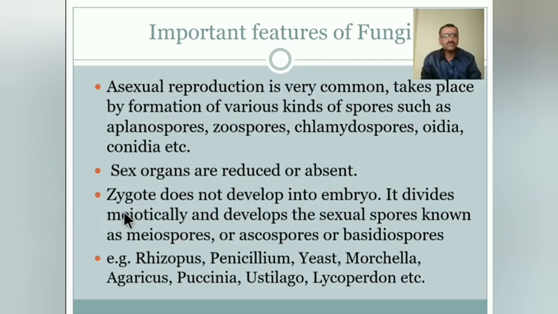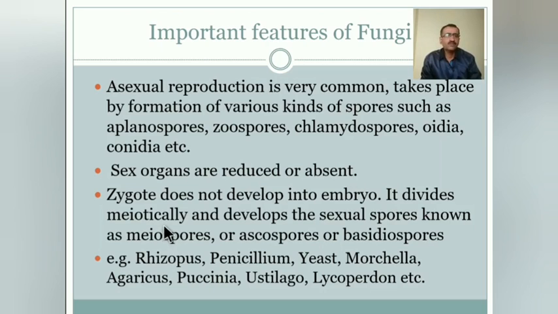Next one is the zygote. The zygote does not develop into an embryo. Sexual reproduction is there, and they produce a zygote, but that zygote does not develop into an embryo. It divides meiotically. We know meiosis and mitosis.